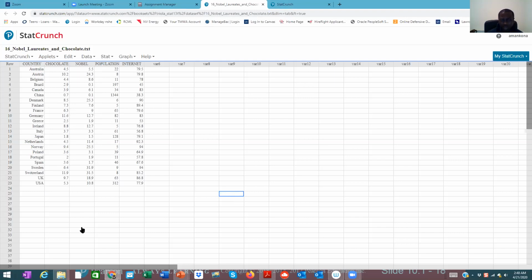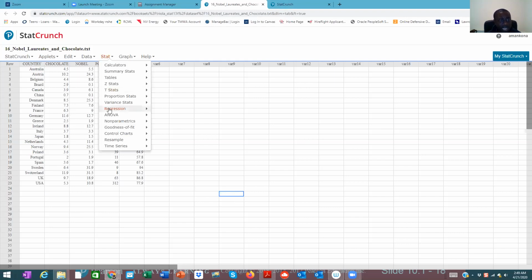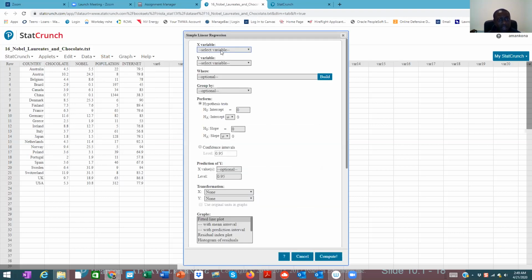So we want to see whether there is a relationship between these by calculating the R. Okay, so we go to our statistics and then regression, simple linear. My x variable is the chocolate, and then my y is the Nobel Prize.